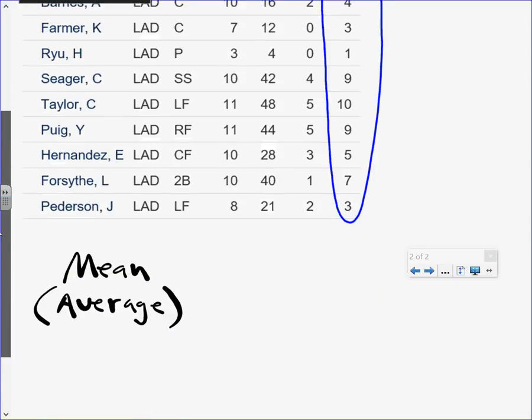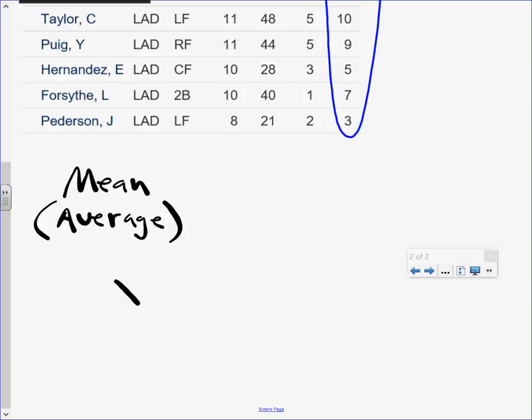And here's the formula. That's exactly what you just wrote down. X bar. Whenever you see X bar, that represents the mean.